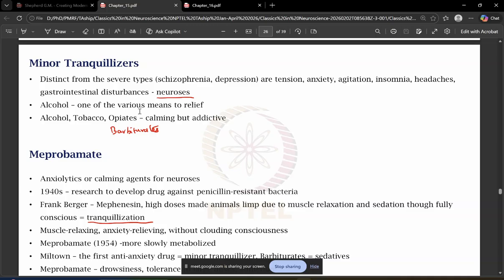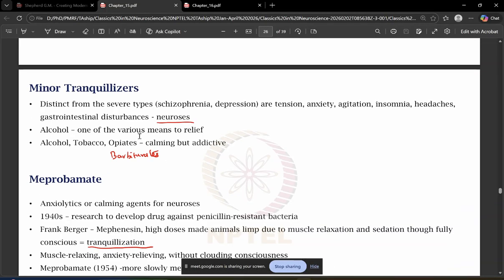These were the severe types of psychotic disorders, the severe mood disorders, such as schizophrenia and depression. For those, we discussed what drugs were being used.